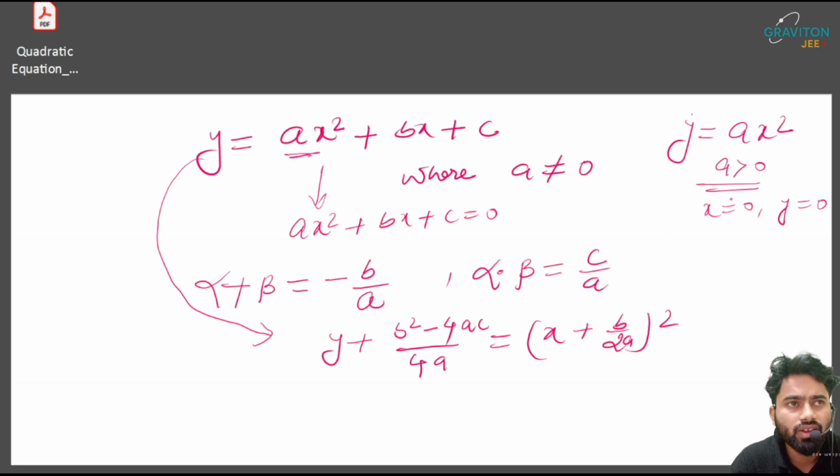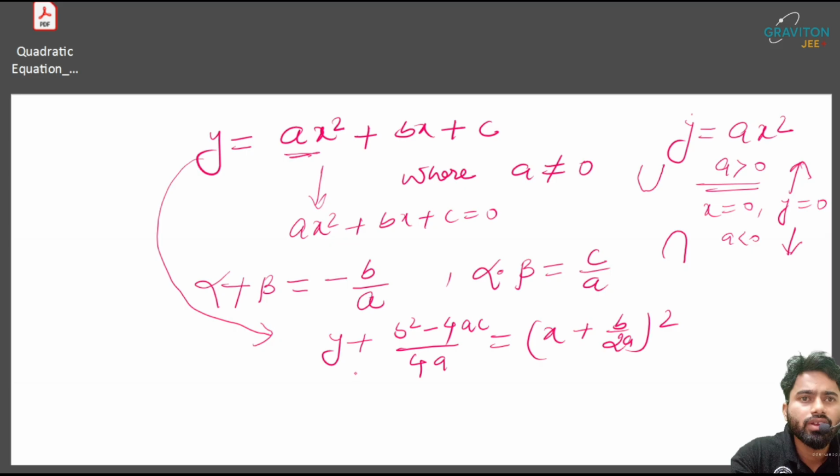If a is negative, it is facing downward. Facing upward is like this and facing downward is like this.